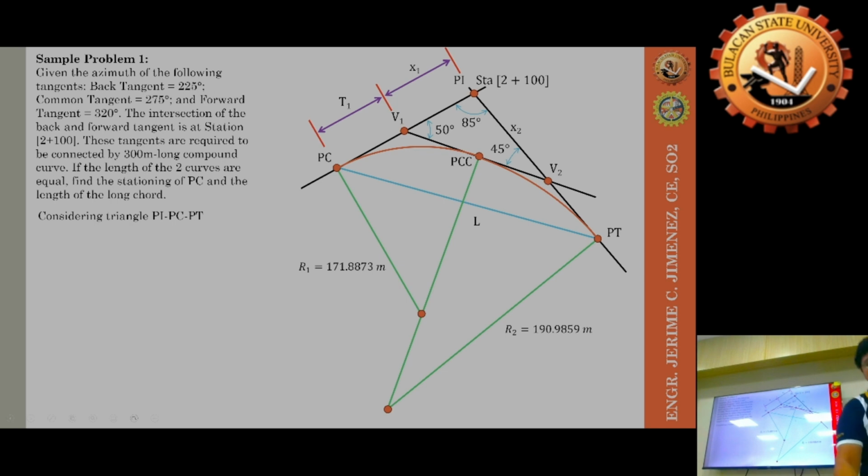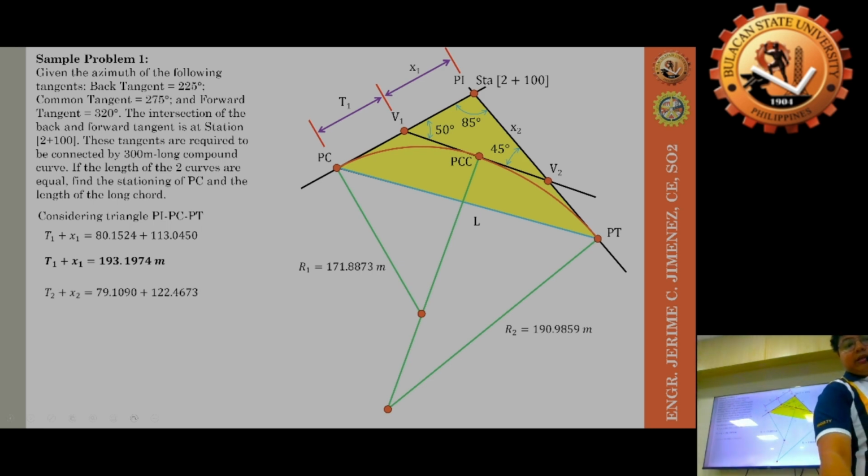Okay? Consider natin yung triangle na yon. Okay? So, we have T sub 1 plus X sub 1. Na-compute natin to. So, T1 plus X sub 1 and that side, itong side na to, is 193.1974. Okay? Then, kaya natin kinuha kanina si T sub 2 tsaka si X sub 2 para naman makuha yung side na to. Okay?